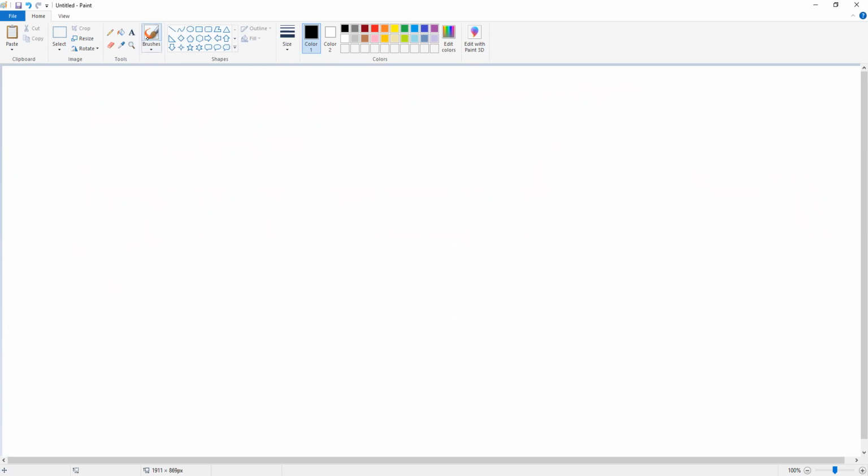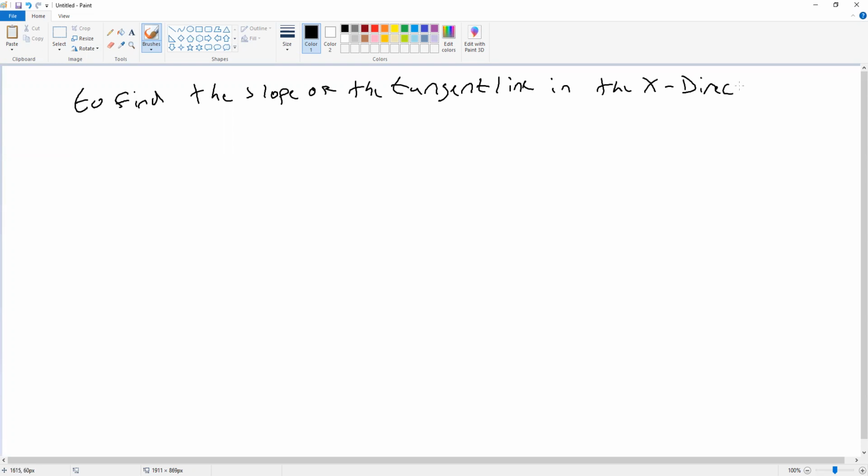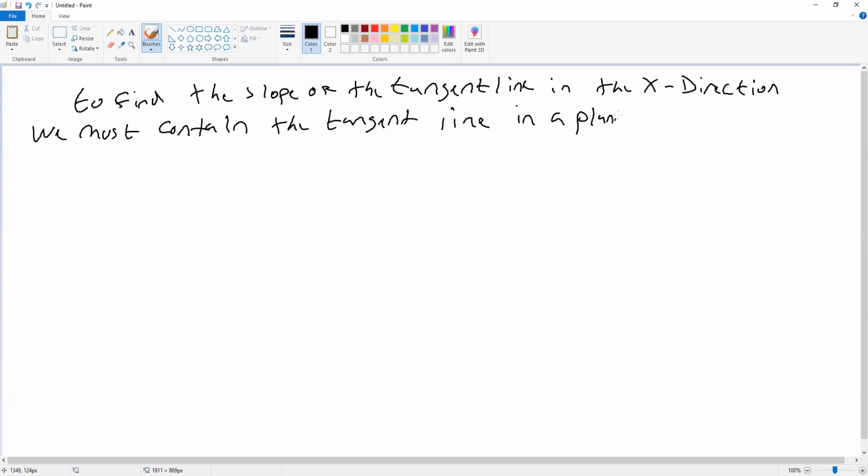All right. I'll reiterate it again. To find the slope of the tangent line in the x direction, we must contain the tangent line in a plane parallel to the XZ axis.